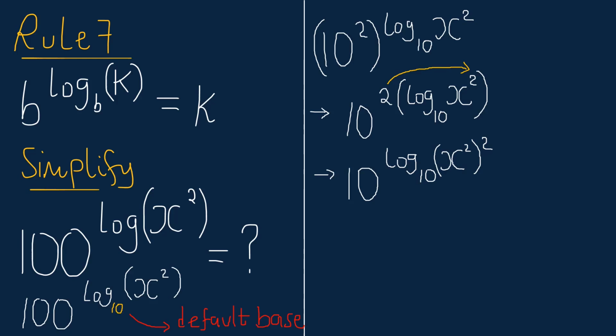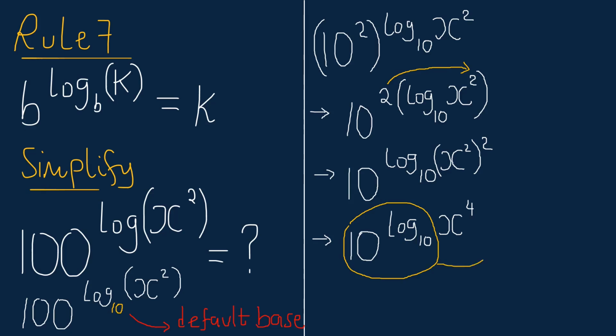Move power 2 from the coefficient position before log x squared to the exponent position to get x squared raised to power 2. The final simplified form is x raised to power 4.